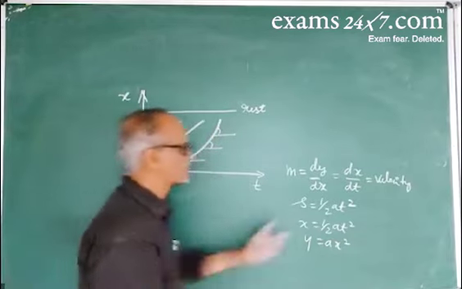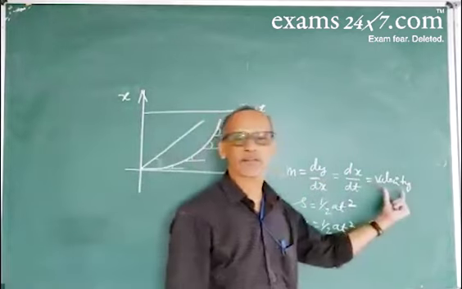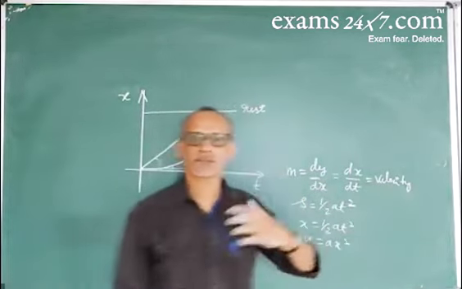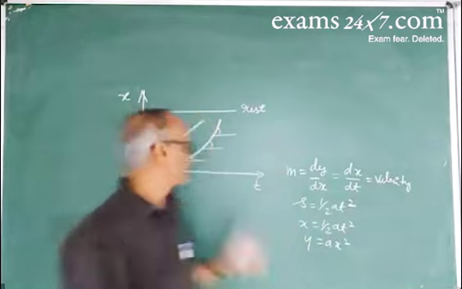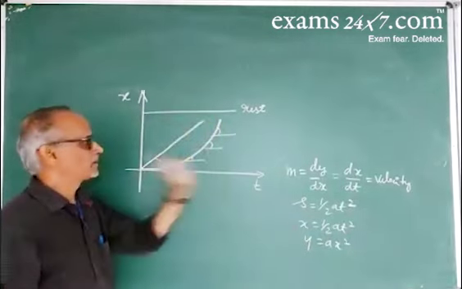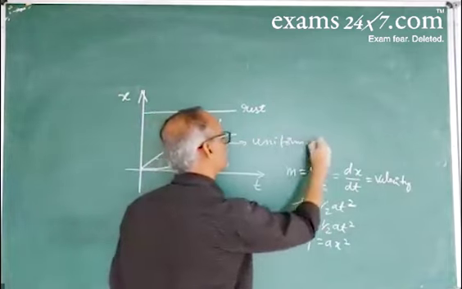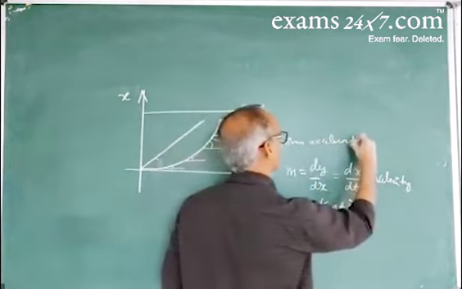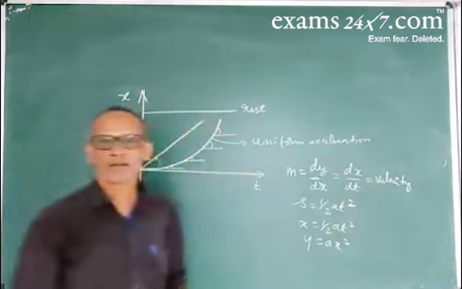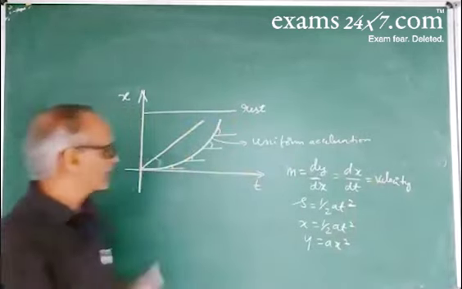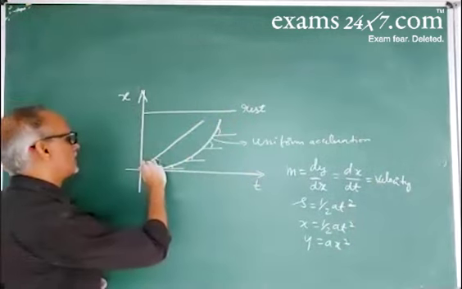What do you mean by increase in slope? Increase in slope means increase in velocity. And when the velocity increases, there is acceleration. So we get a parabola whenever a body has uniform acceleration. And if a body moves with uniform retardation, again we get a parabola, but with a decreasing slope.